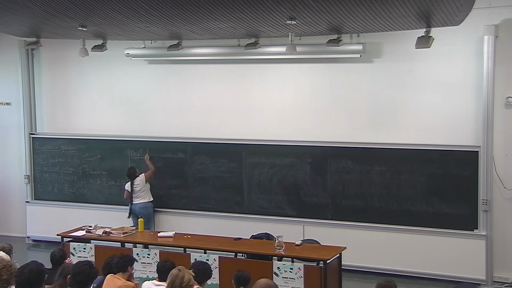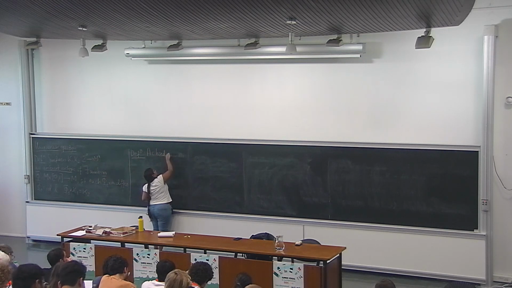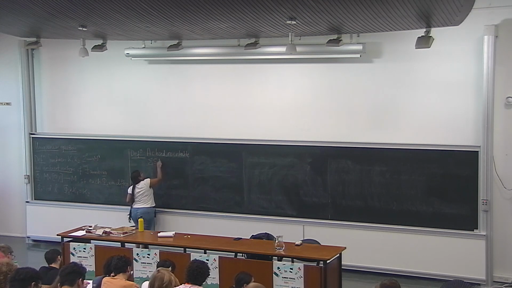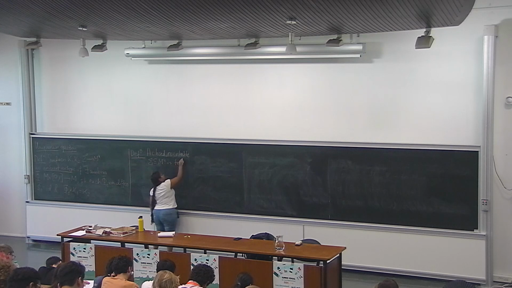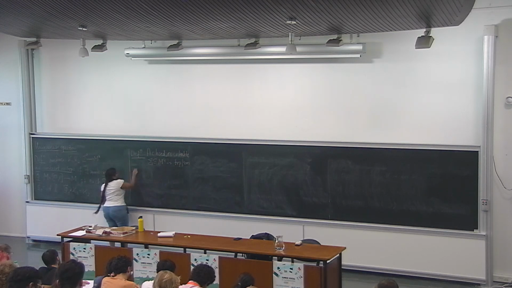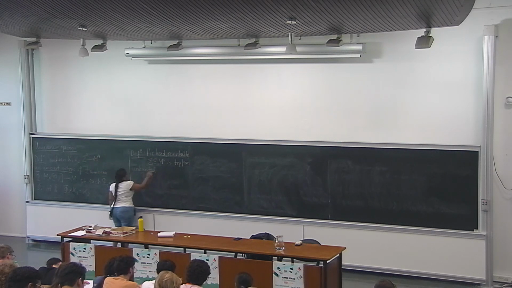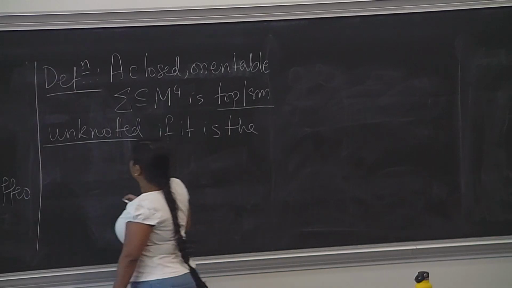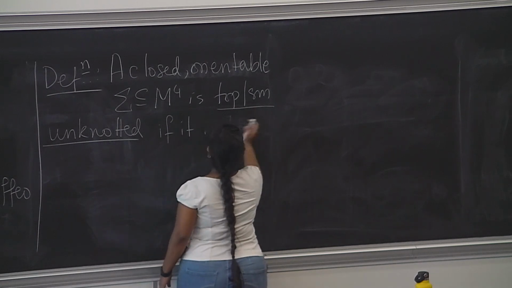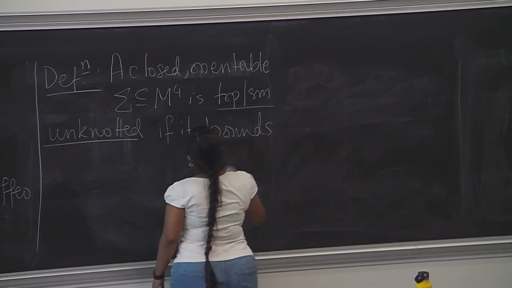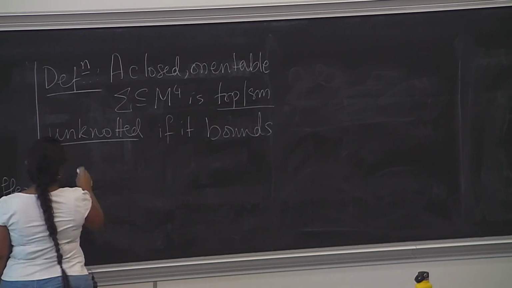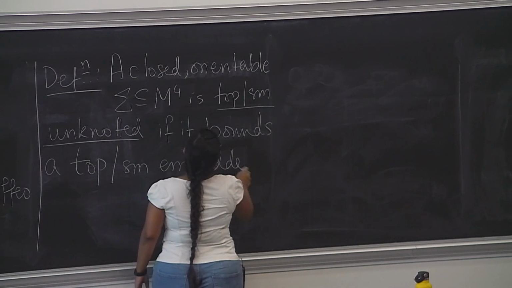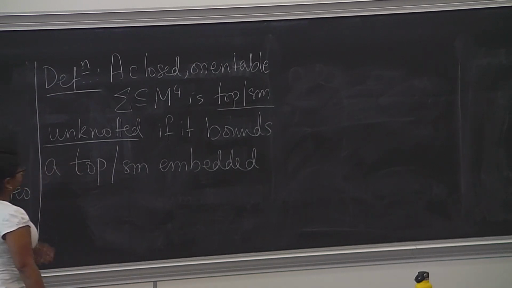And so we say that a surface inside M4 is topologically or smoothly unknotted if it bounds a topologically or smoothly embedded handlebody inside of M4.